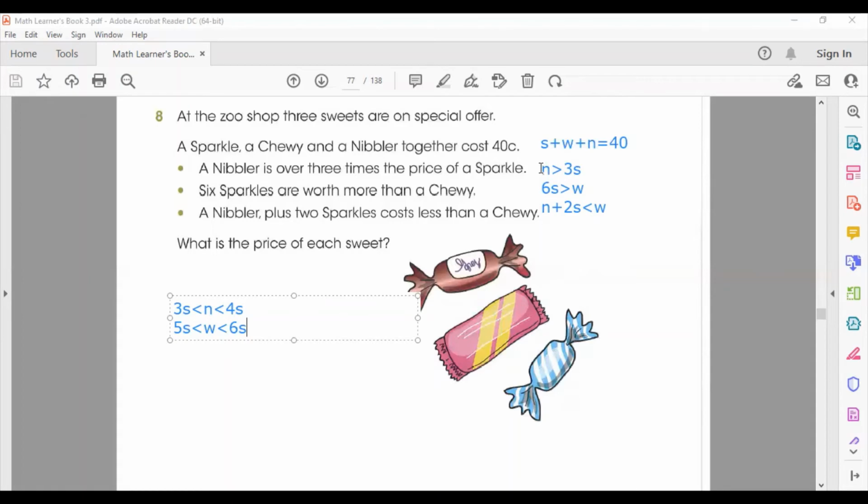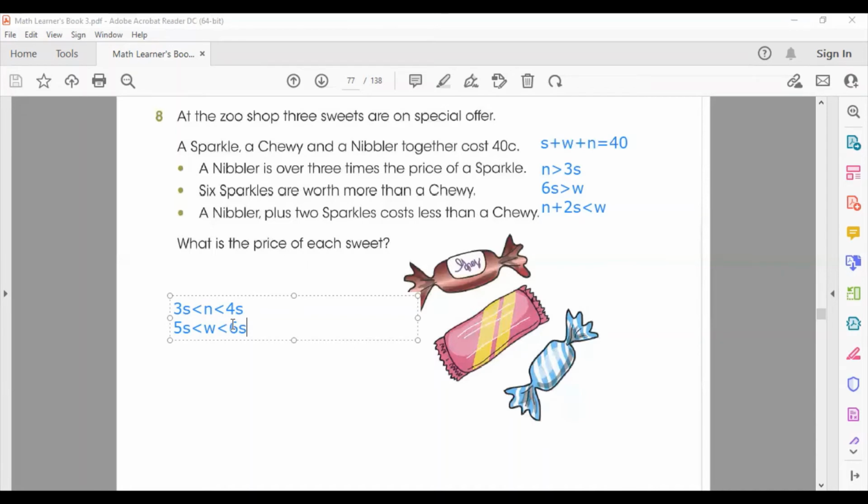So we write it: N is bigger than 3S, but less than 4S, 4 sparklers. Like this, W is less than 6S, but W is greater than 5S. Okay, so the minimum of the sum S, W and N will be 9 sweets.